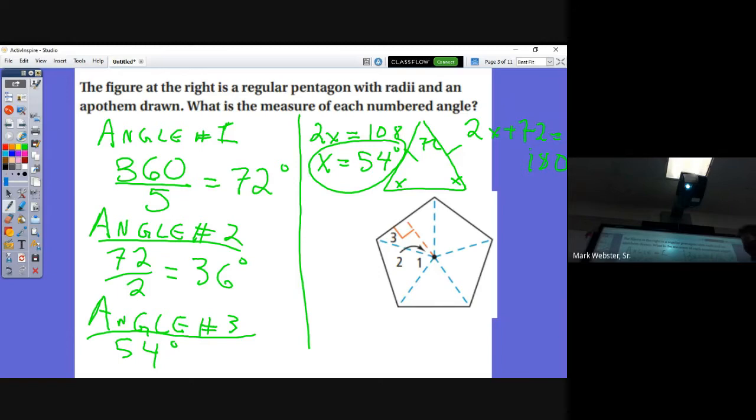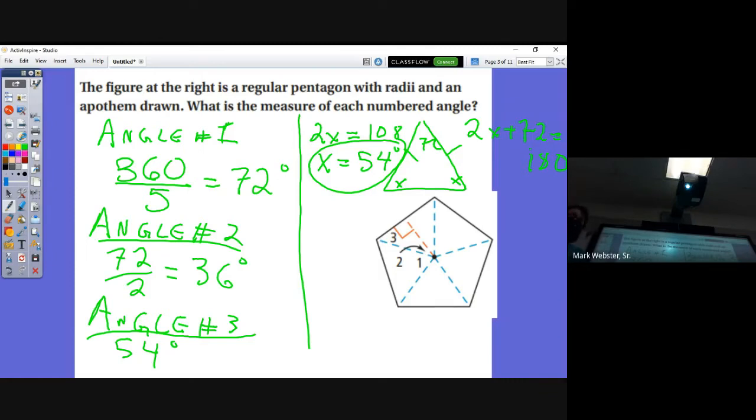Now, once you find angle number 1, that second angle is just half of the first one, right? So just whatever you found for angle number 1, divide it, and that's angle number 2. And then the angle number 3 that they have here, just do 2x plus whatever angle number 1 was, solve for x, and then you've got it.